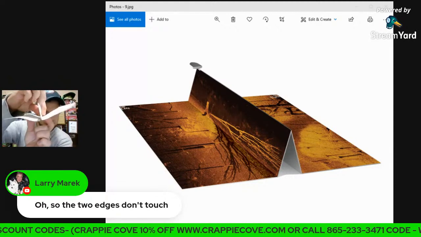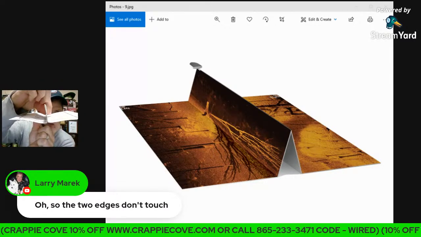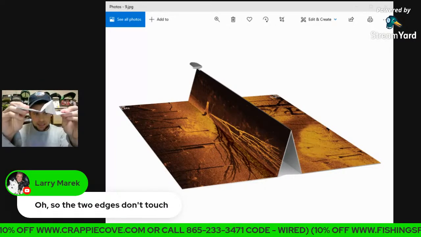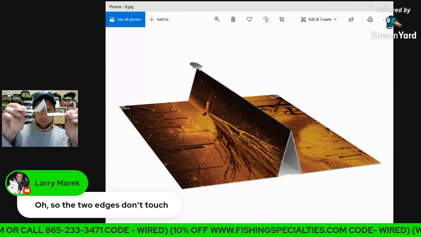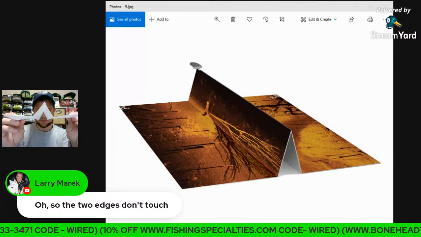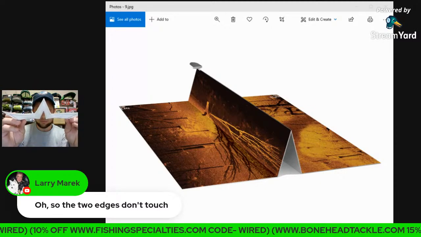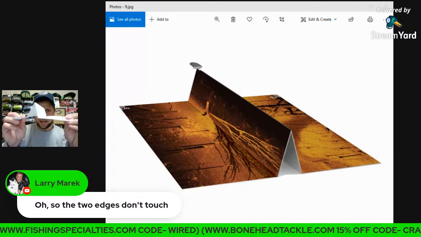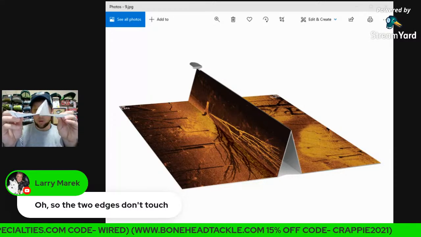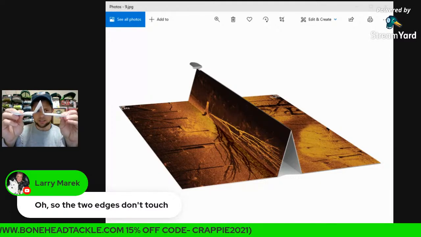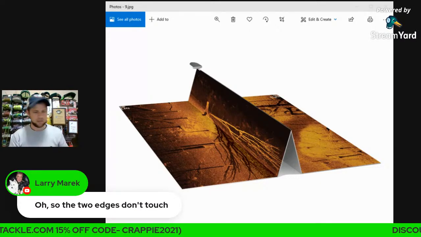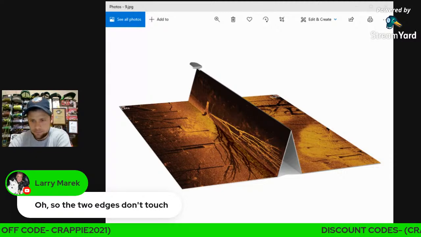All right, that is not correct. There is a gap. Okay, there is a gap in that paper, right like that. So you do have that cone. They do not touch, Larry. No, it is like this, just like you see on the screen.